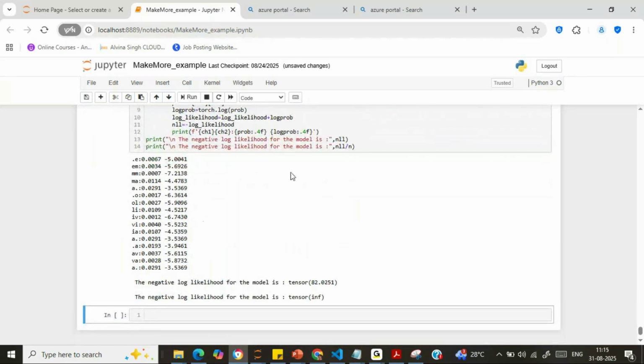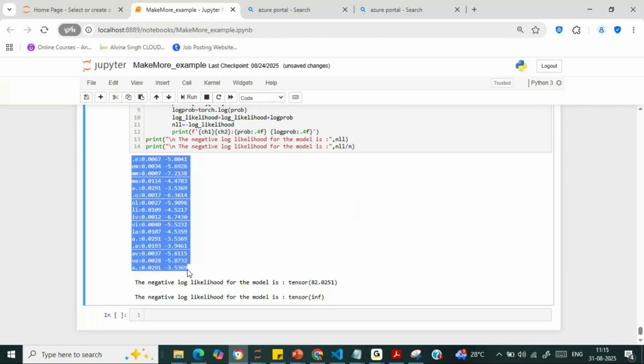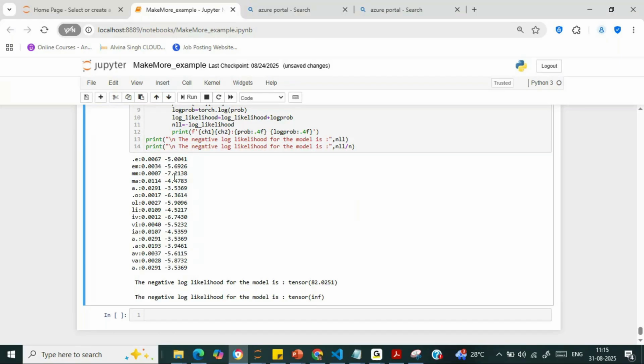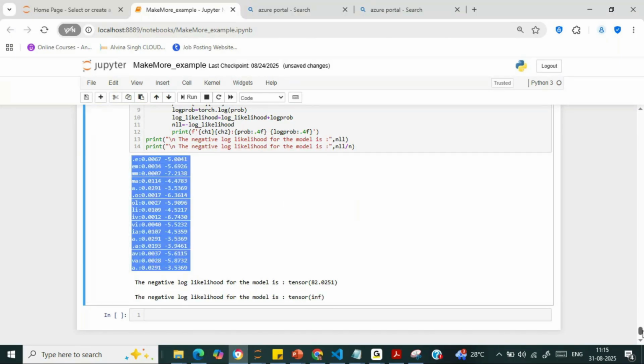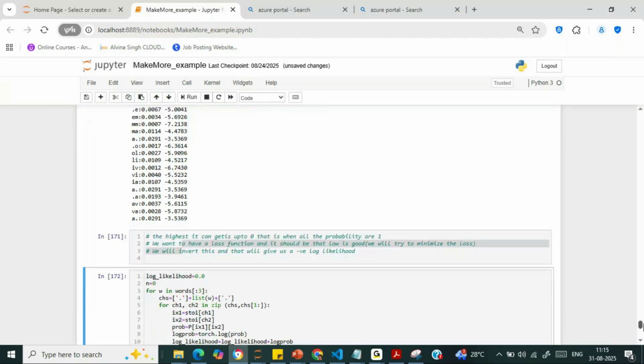Okay. So what we have done, we have calculated the probability of each and every combination. Then we calculated the sum of all the combinations, and then we have divided the sum of these particular probabilities by the number of iterations.